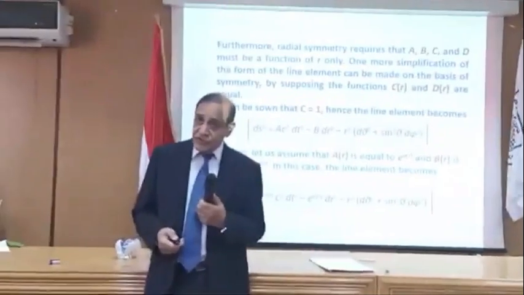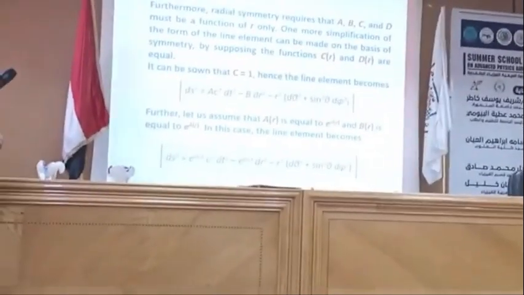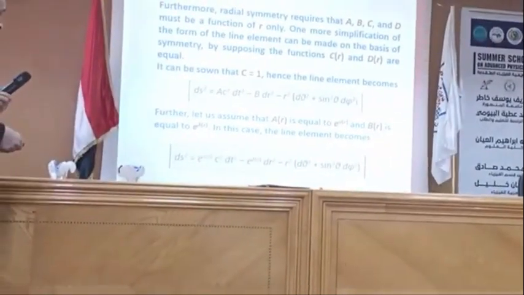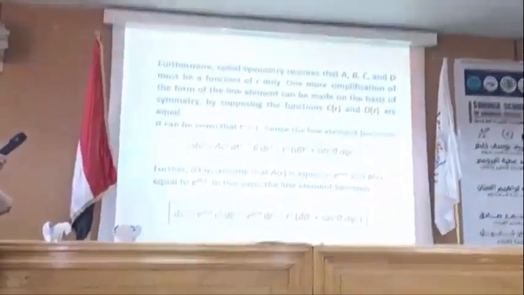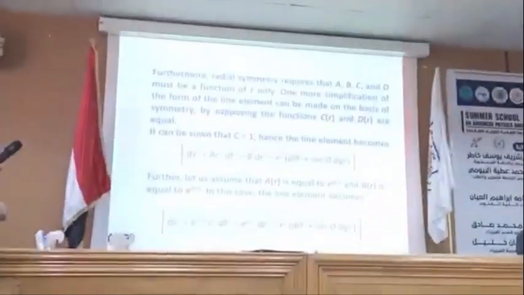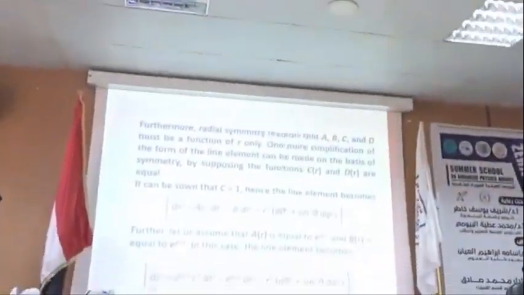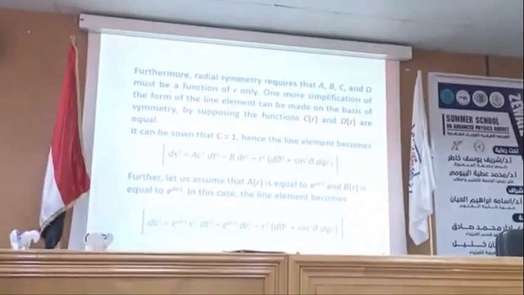So let us try this. Let us try to find what is nu and what is lambda here. If I find what is nu, what is lambda, I can find out ds squared. But I will discover that this nu of r and lambda of r, in fact, are related directly to the field equation.